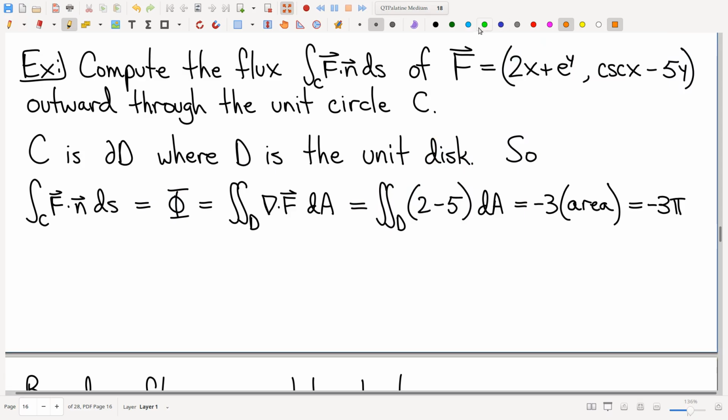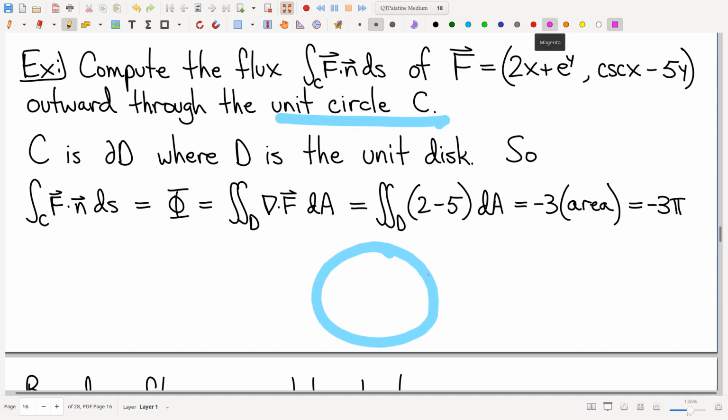Yeah. So inward would mean that I've got the unit circle like this. And if it had said inward, then for whatever weird reason, we'd be interested in keeping track of the extent to which the fluid is flowing like this through the circle. And that's natural, right?